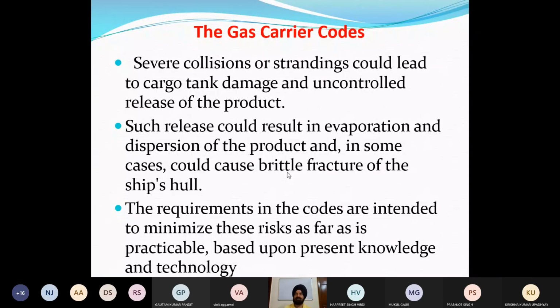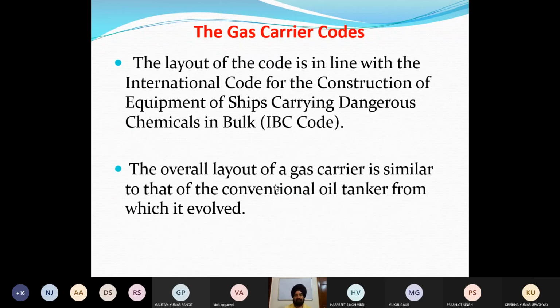So that's why these codes, they keep getting updated, amendments keep coming, new technology, new research, new products, and new ways of handling. So layout of this code is in line with the basically international code for construction and equipment, what we call the IBC code, similar like what we have for the chemicals, but few changes in the tank construction, tank materials.